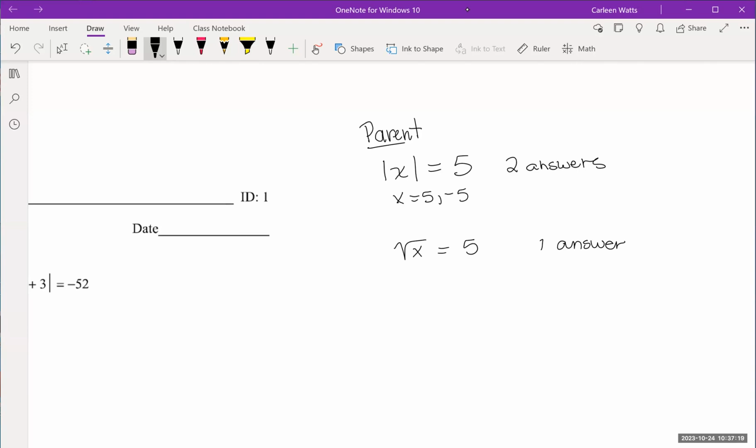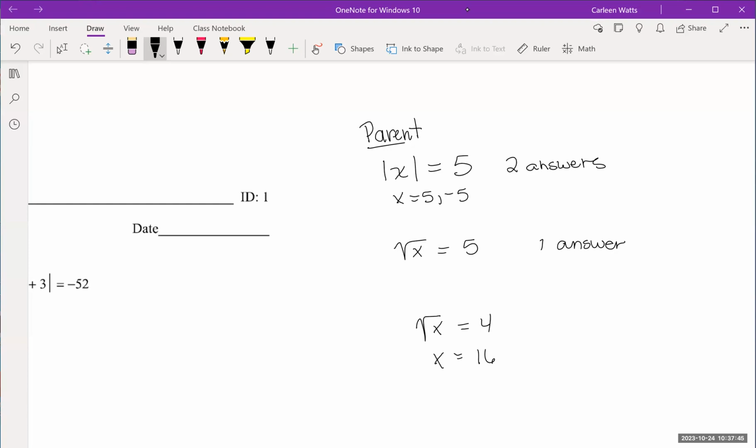We need to think backwards. Let's do this one first. The square root of what number equals 4? Does x equal 2 or 16? 16. The square root of 16 gives us an answer of 4.